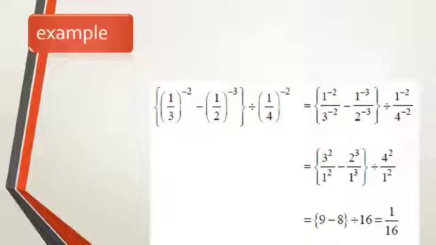We get 3 squared by 1 square minus 2 cube by 1 cube, divided by 4 square by 1 square, equals 9 minus 8 divided by 16, equals 1 by 16.